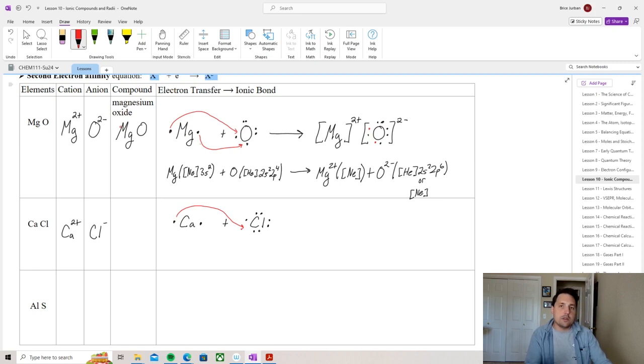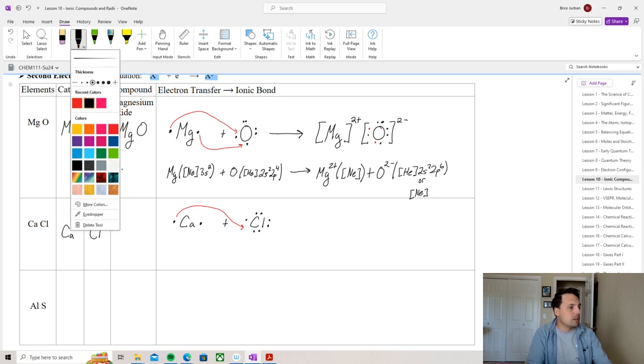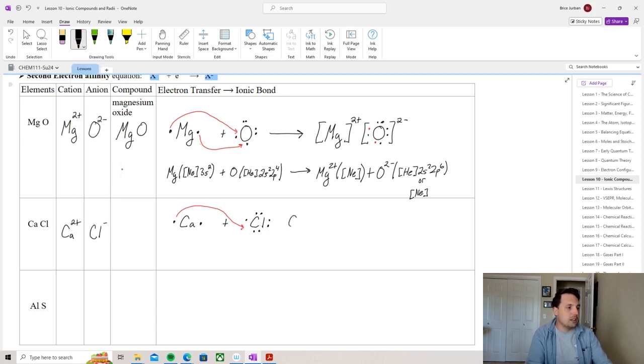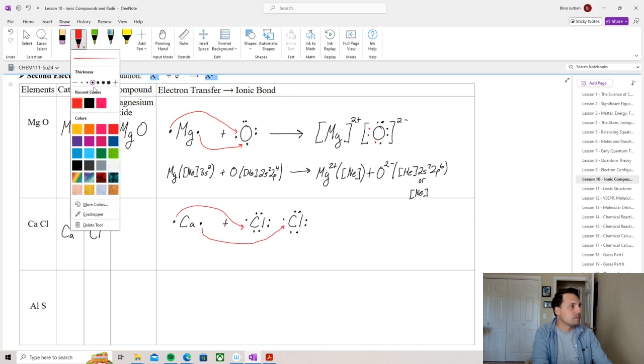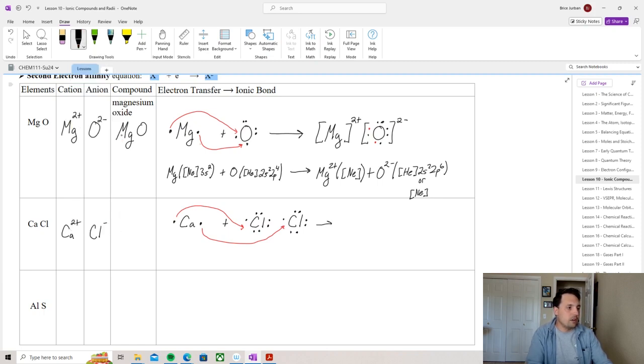Now, when we go to form this compound, we note that we can only get rid of one of the electrons for calcium. So to resolve this, we actually need a second chlorine atom for every calcium atom. And then we can get rid of that other electron, and it will go here. And that will result in getting calcium chloride, which has the formula of CaCl2.